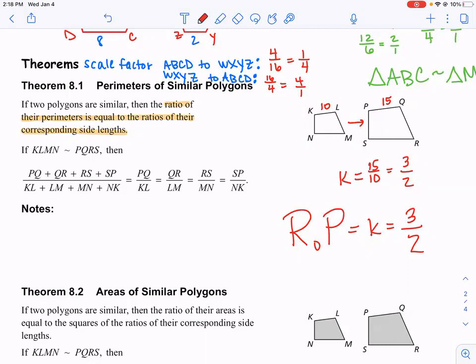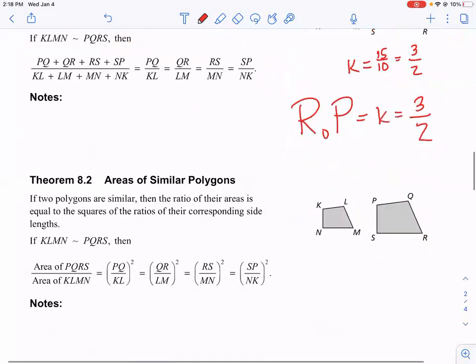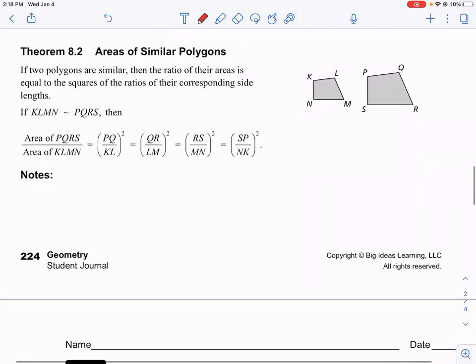Okay. Now, is that going to be the same for area? No way. Area is a two-dimensional calculation, okay?